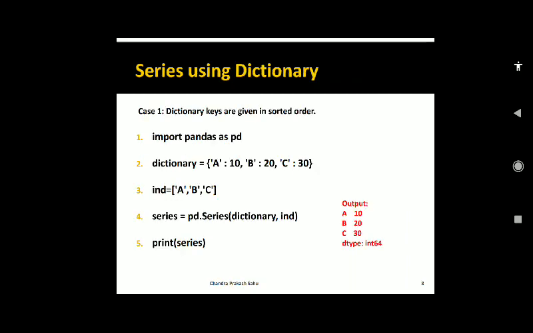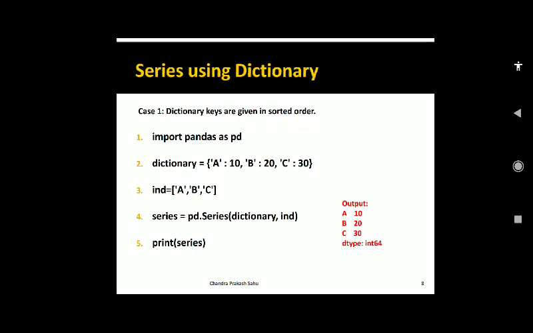Series using dictionary. Now a dictionary can be used without using the dictionary.values or dictionary.keys functions. You can see here an example of 5-line code. At the second line a dictionary of 3 values and their corresponding keys a, b, c has been created.